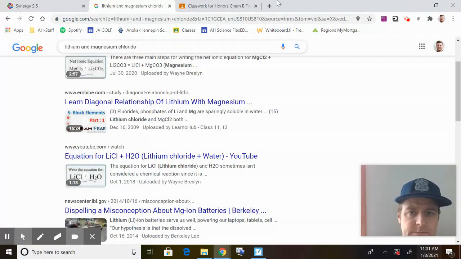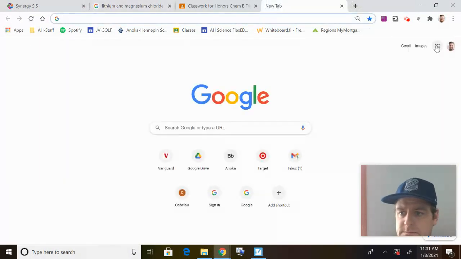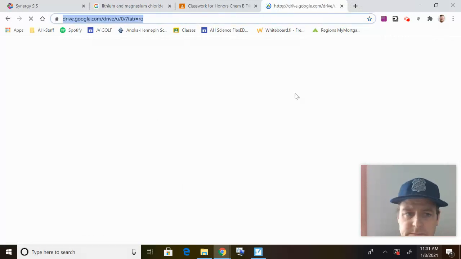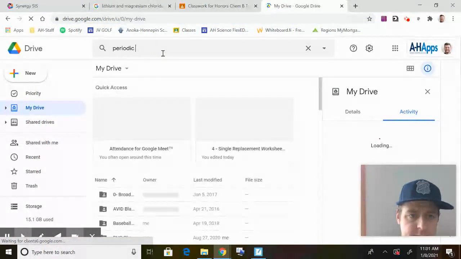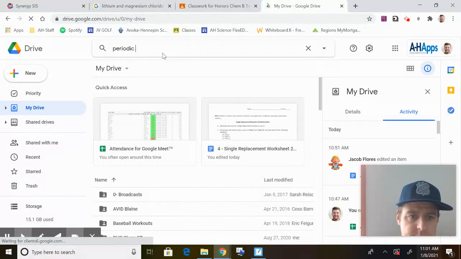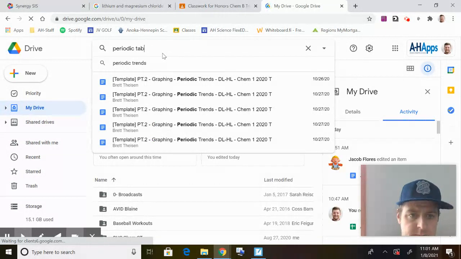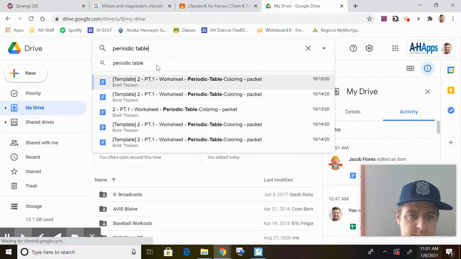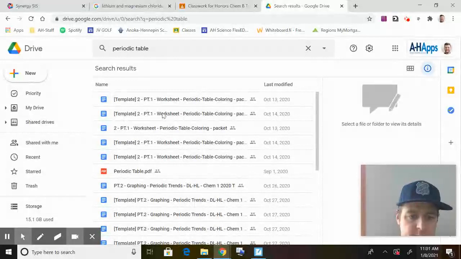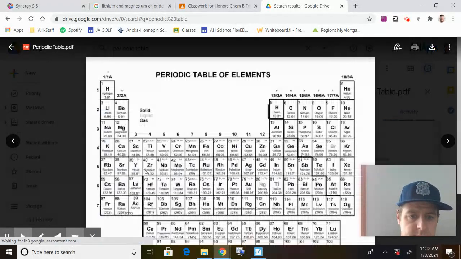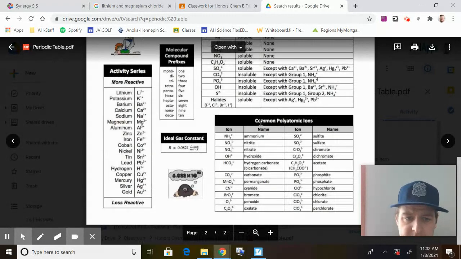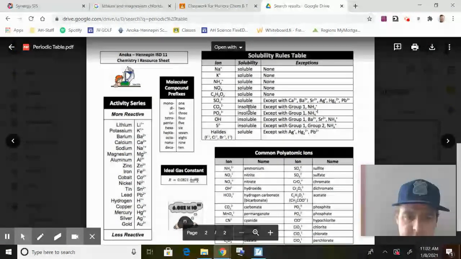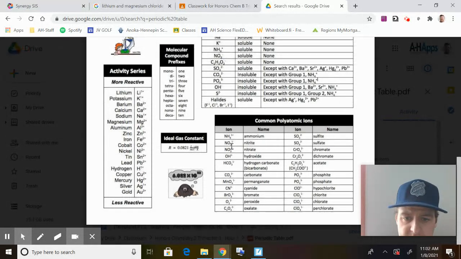Okay, so it's nitrate, NO3, if you remember from try 1. Okay, nitrate, NO3 is -1 right there. Alrighty.